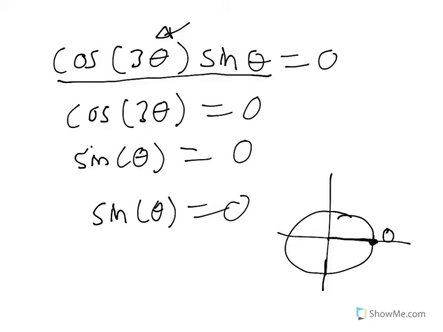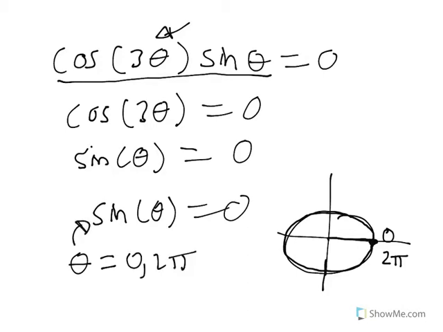And then if you go all the way around this circle, it also equals 0 at 2 pi. So you have theta equals 0 and 2 pi, which solves this equation. Anytime you plug in the sine of 0 or the sine of 2 pi, you're going to get 0. So that solves that equation.